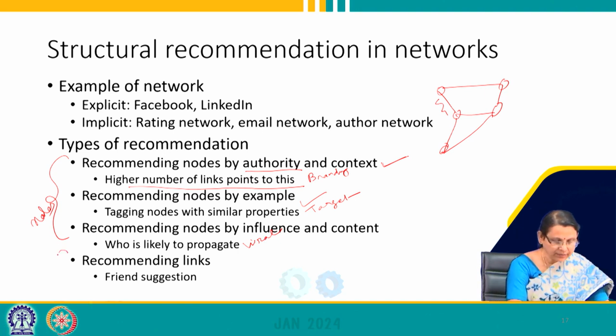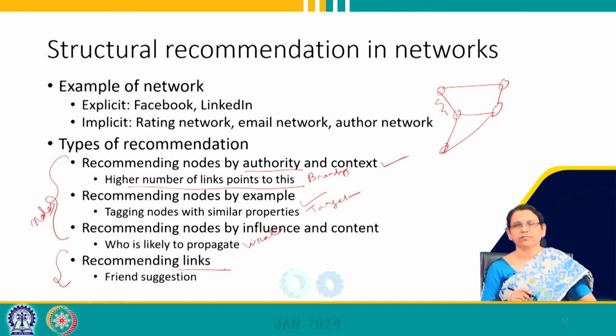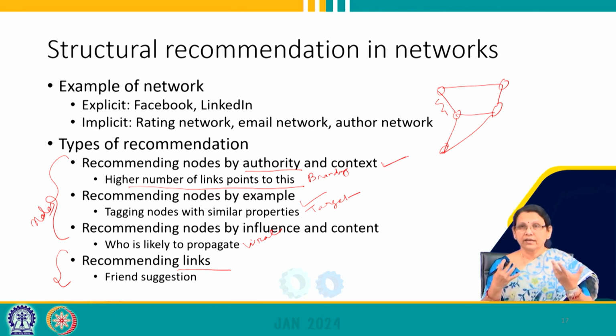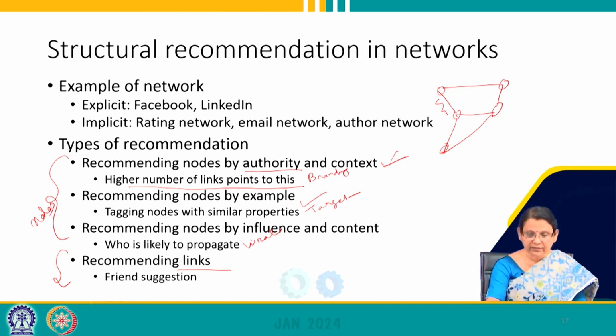And the last one is not about nodes, this is about the links. Typically, a network will not be very dense. All the nodes are not connected like this. Just like the rating matrix, a social network is a sparse structure. Only a few connections are there. So, the more density, the more such things can happen.